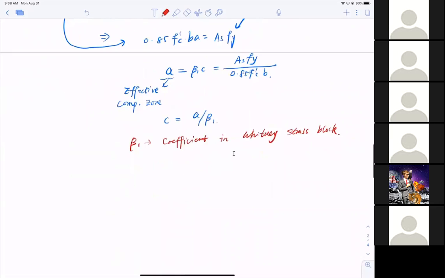Beta 1 actually has an equation from ACI. Beta 1 would equal 0.85 when f'c is smaller than or equal to 4 ksi.